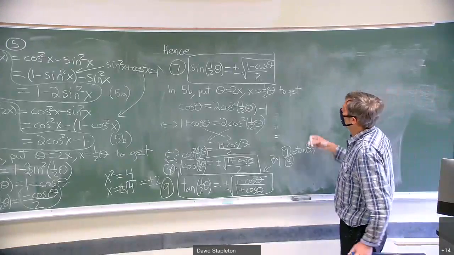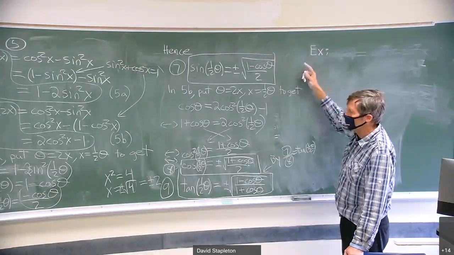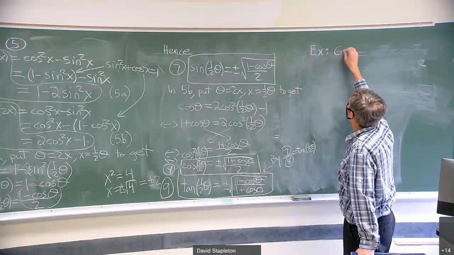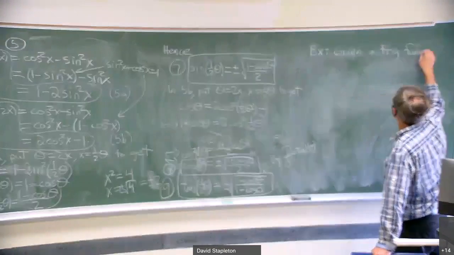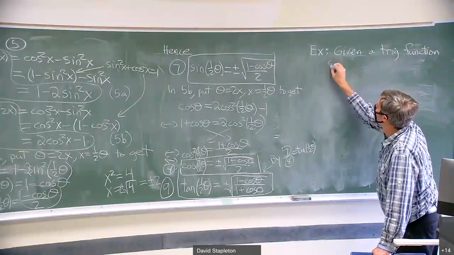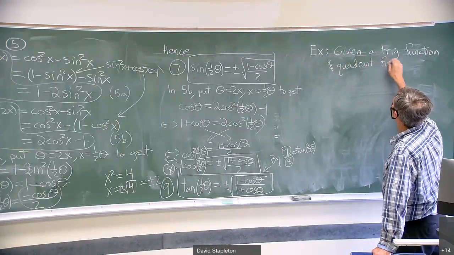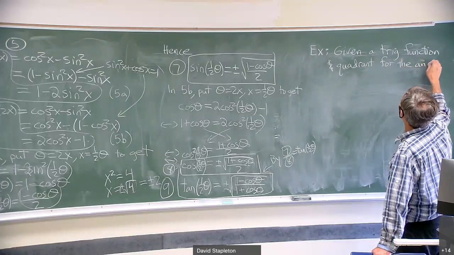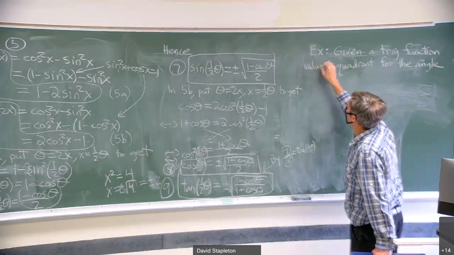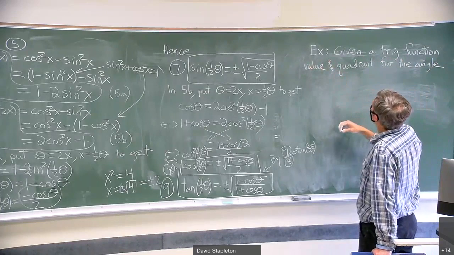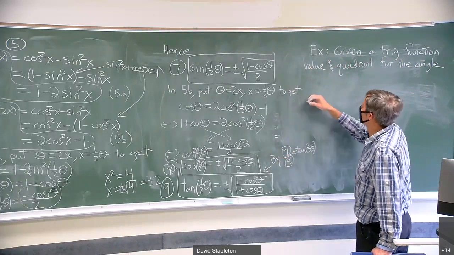Okay, so now it's the same kind of thing. Given one trig function in a quadrant, we can now find any trig function of half an angle. Given a trig function value, if you like, and you can figure a quadrant for its angle, we can find all 6 trig functions, and then we can use them to evaluate half angle identities.